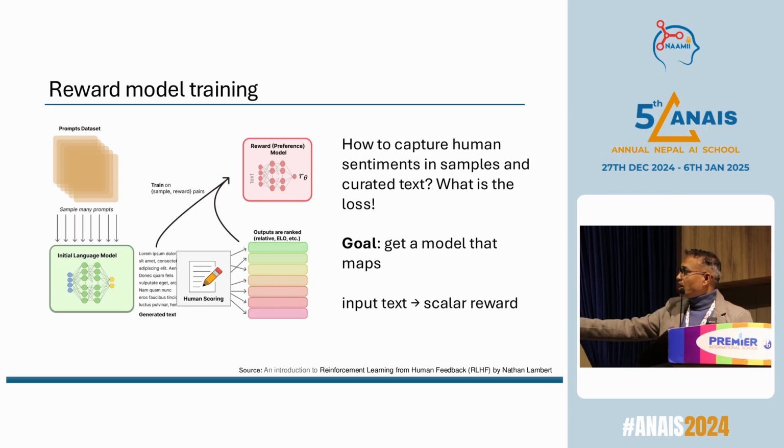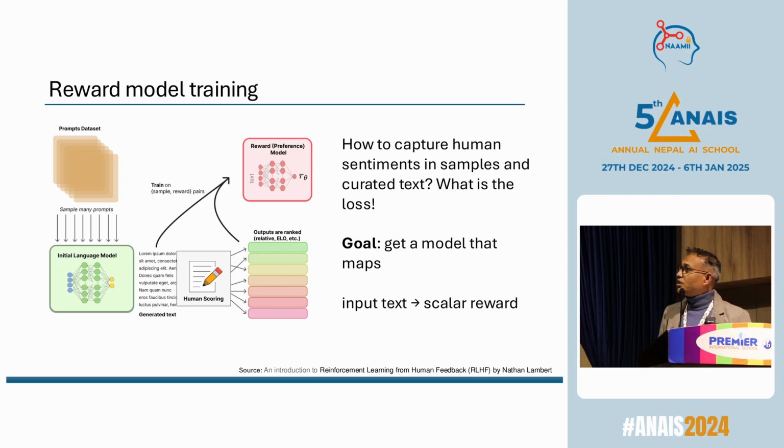If you look at this, I have a few texts over here, and once this input is given, the model gives you a scalar value, and that is equivalent to the reward. If I consider this, let's say R theta, it gives you a reward.